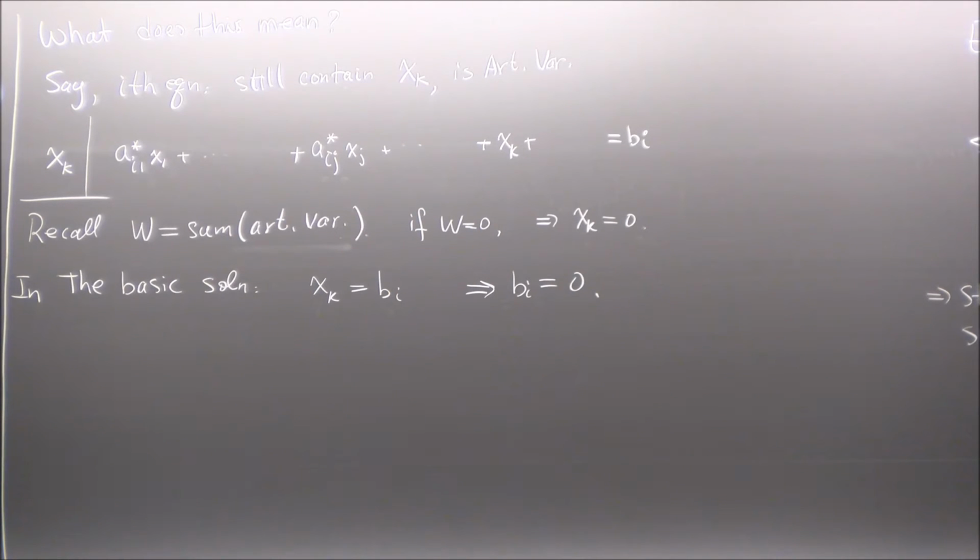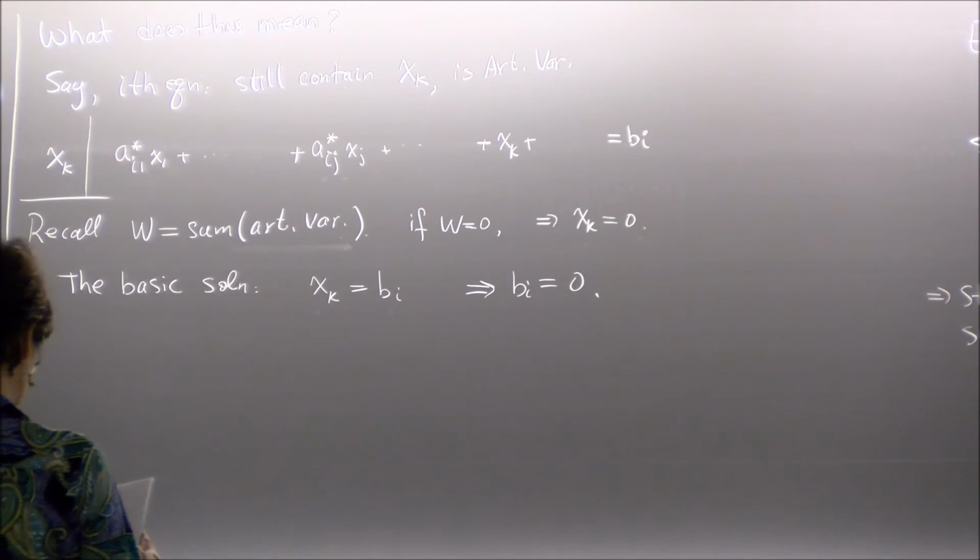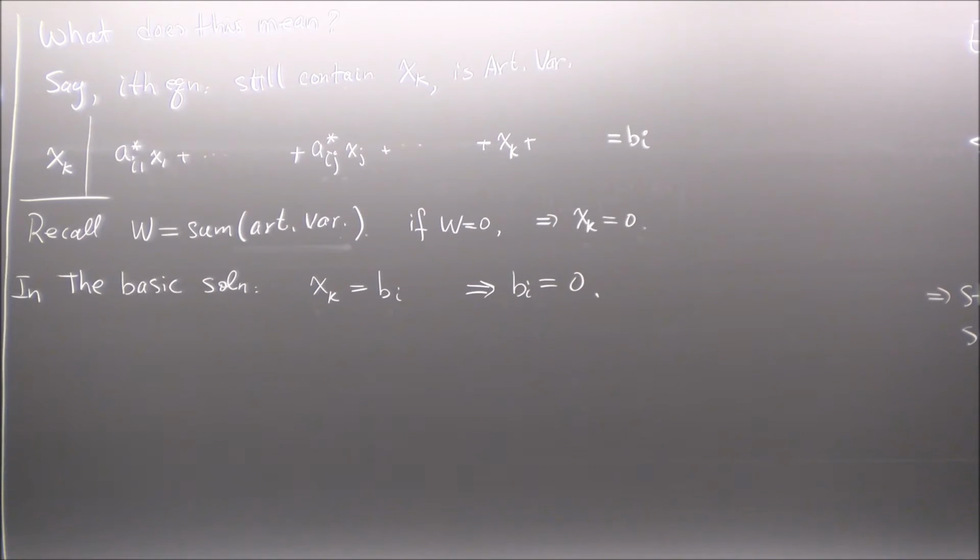You must have 0 on that constant vector when this occurs. Are we okay? So that must happen. So bi is 0, and xk is still a basic variable, and W is already 0. So now this is the situation we are in.